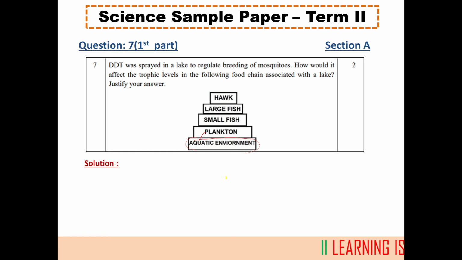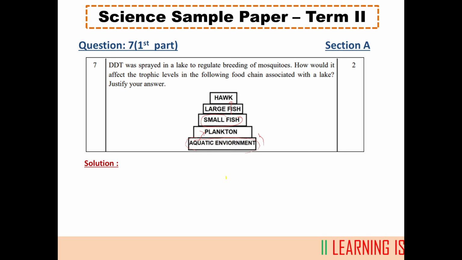So the plankton, phytoplankton and zooplankton are eaten by small fish, the large fish also takes the small fish, and the large fish is taken by the hawk. DDT is never decomposed.